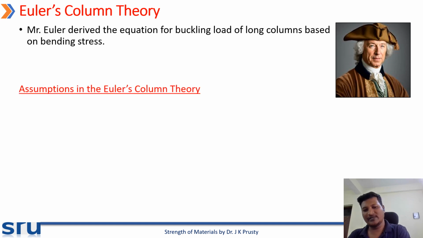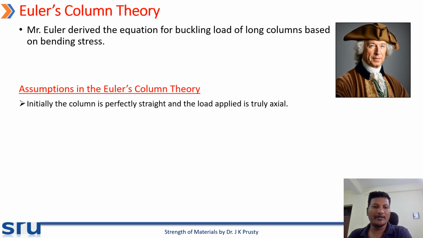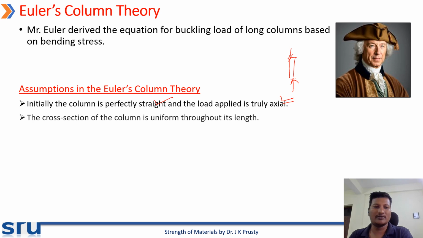He also made some assumptions in Euler's column theory. The first assumption is that initially the column is perfectly straight and the load applied is truly axial. So your column has to be perfectly straight and the load applied has to be truly axial.